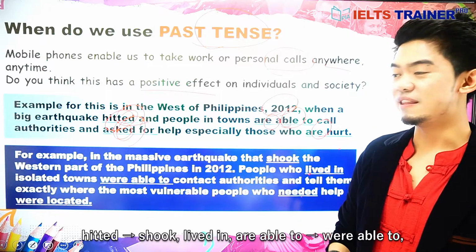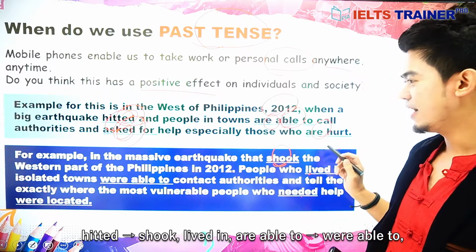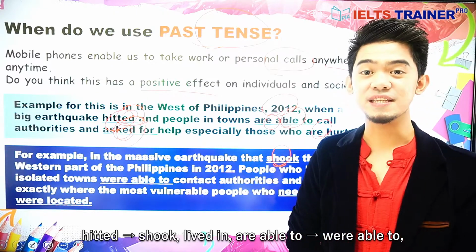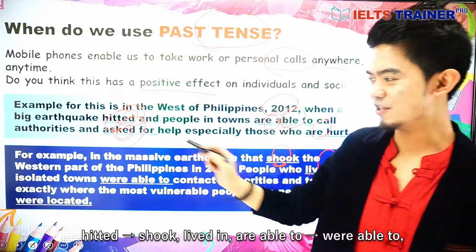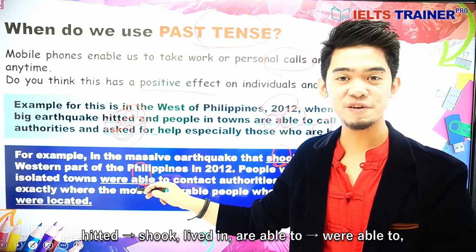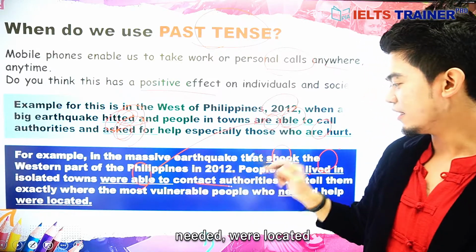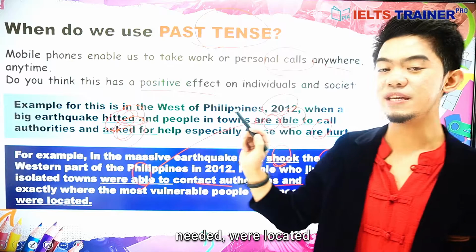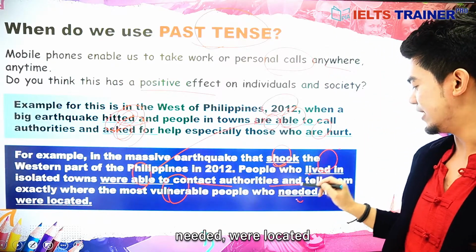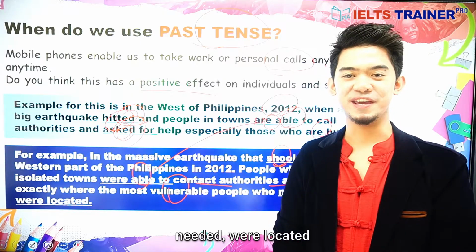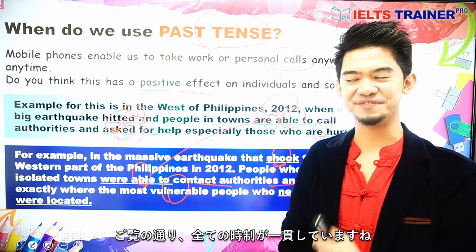For example, in the massive earthquake that shook, that's in the past, the western part of the Philippines in 2012, people who lived in isolated towns were able to, instead of saying are able to because it's in the past, contact authorities and tell them exactly where the most vulnerable people who needed help were located. So as you can see, all of our tenses were consistent, right?